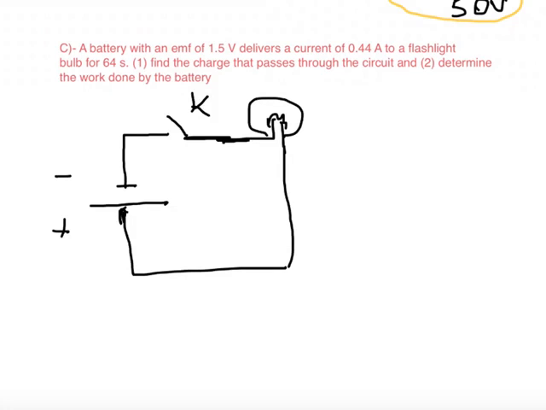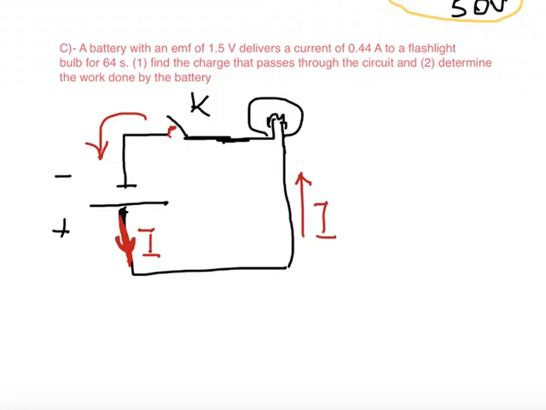Now, by definition, in electric circuits, the current is moving out of the battery from the positive to the negative outside. So we write I going this way, and this way. That means when we turn on the switch, the current is moving back through the negative pole.